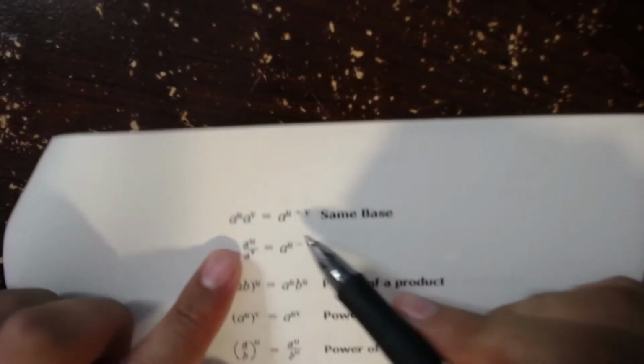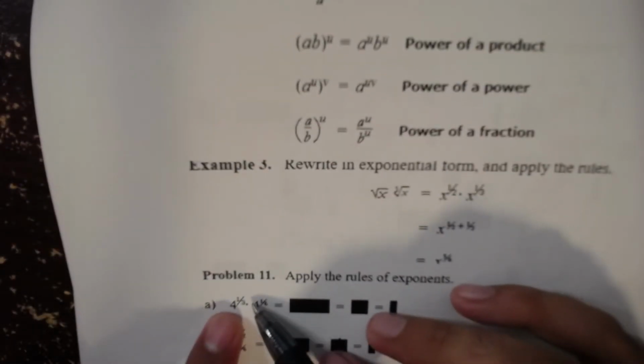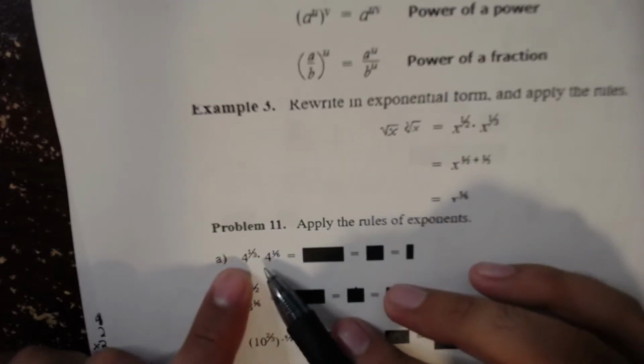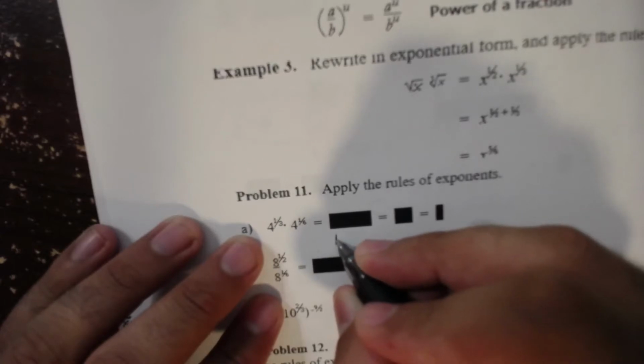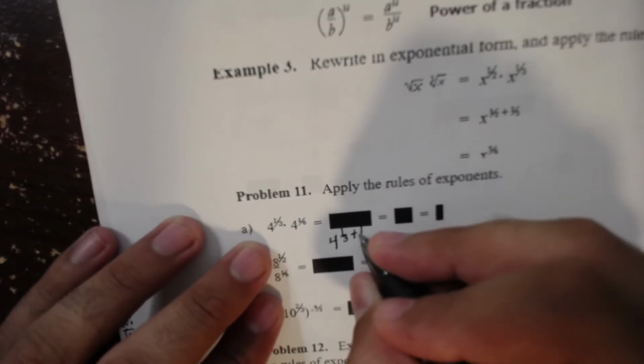Okay. We are using this rule, the same base. We're just simply adding these exponents. Why? Because we have the same base. So we're adding these fractions: 4 to the 1/3 plus 1/6.